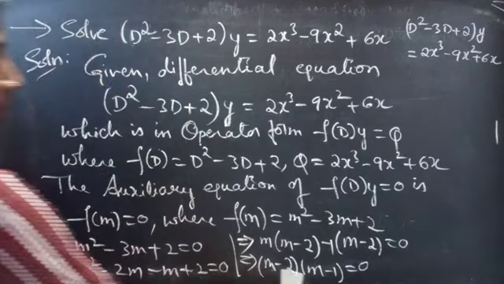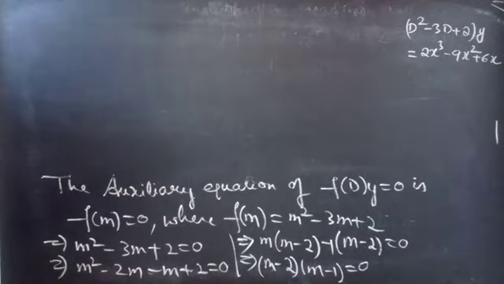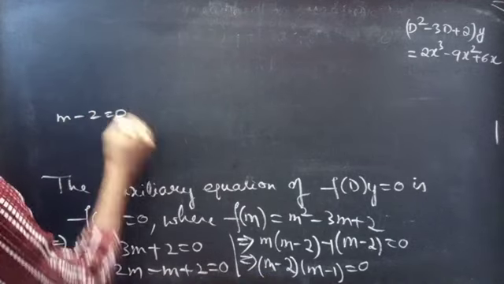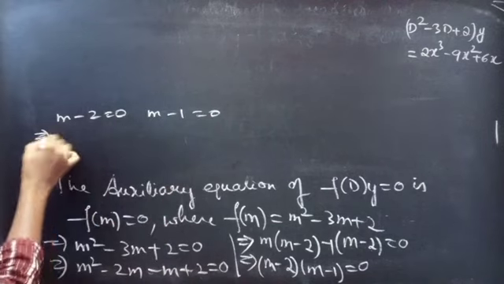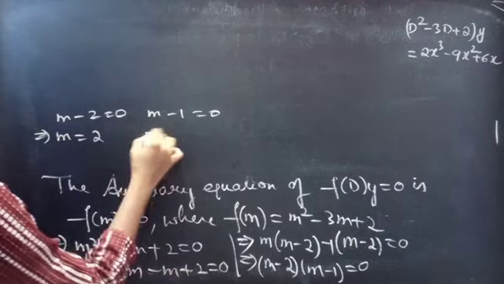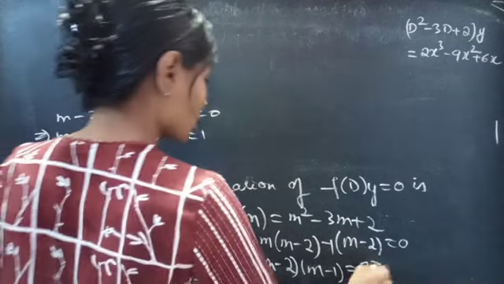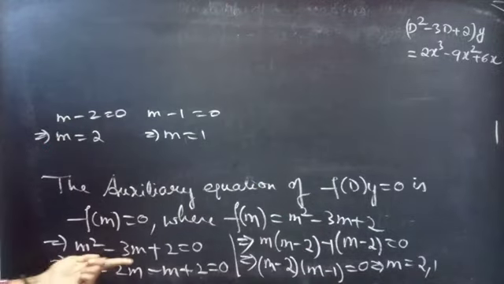Now equate each factor to 0. m − 2 = 0 and m − 1 = 0. From m − 2 = 0, we'll get m = 2. From m − 1 = 0, we'll get m = 1. So from this, we'll get m = 2 and 1, which are the roots of our auxiliary equation.